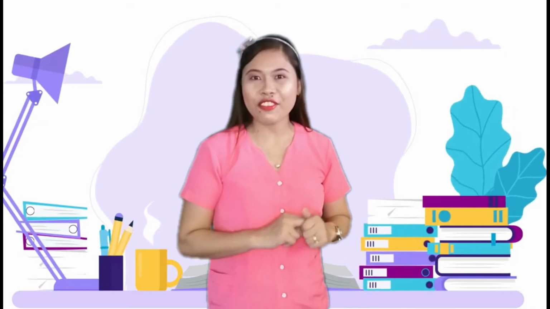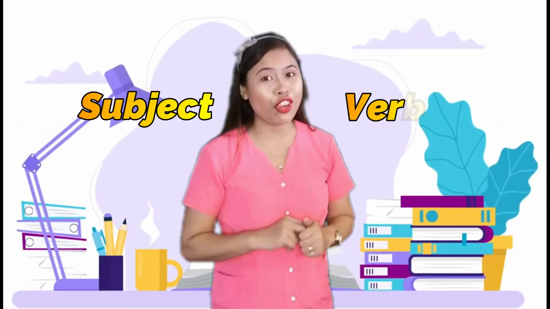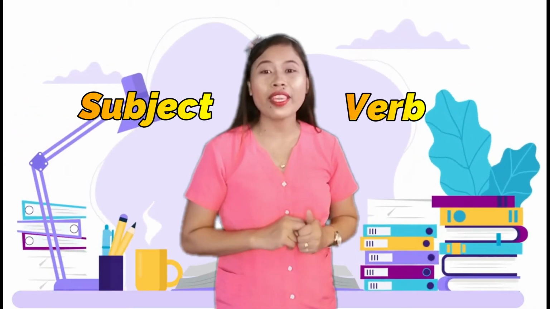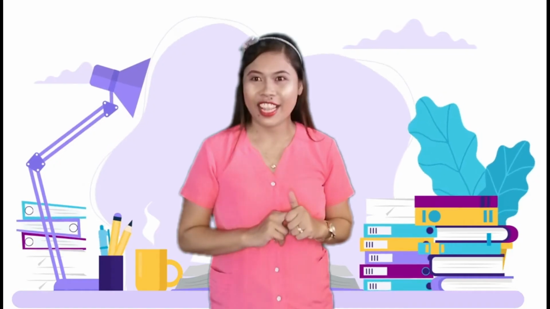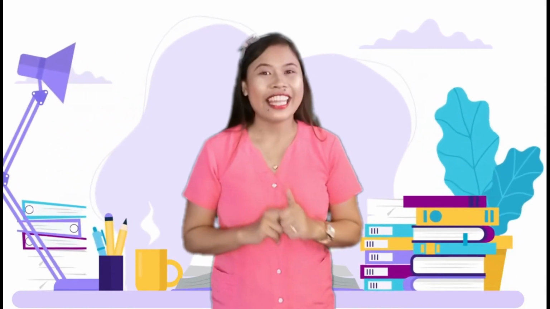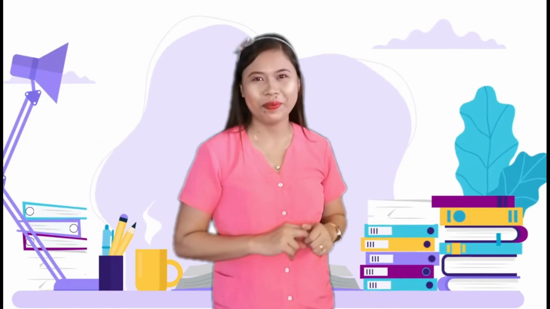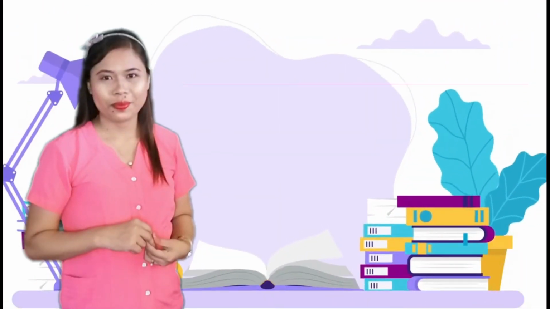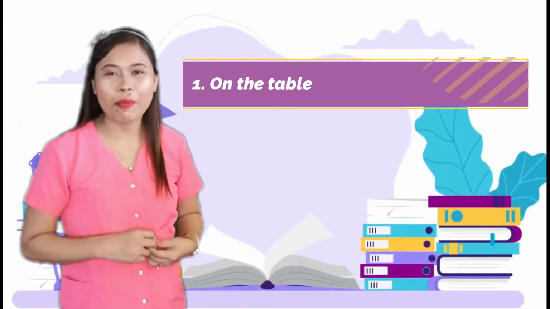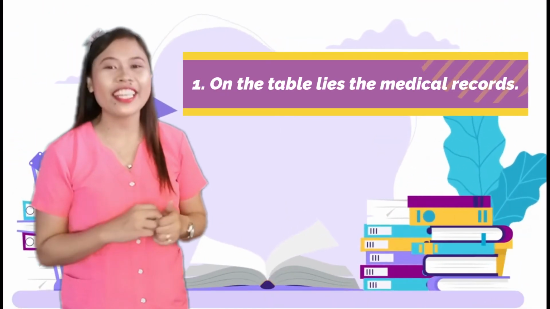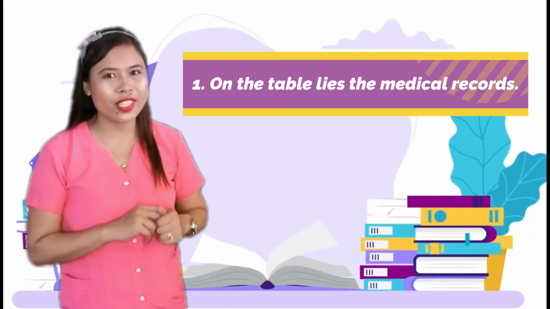That was incredible, kids! This time, I want you to identify the subject and verb in each of the following inverted sentences. Analyze whether they agree or not. Ready? Let's start with number 1. On the table lies the medical records. What is the subject?